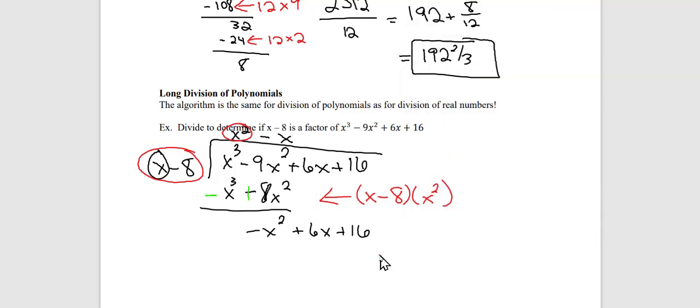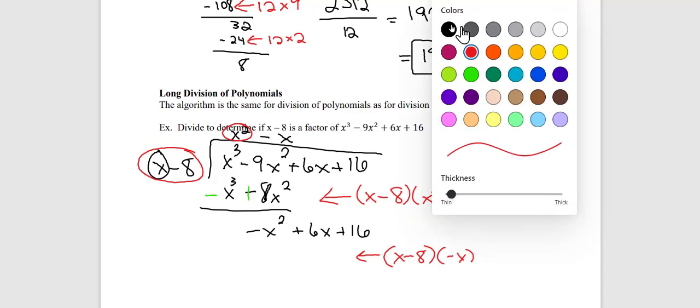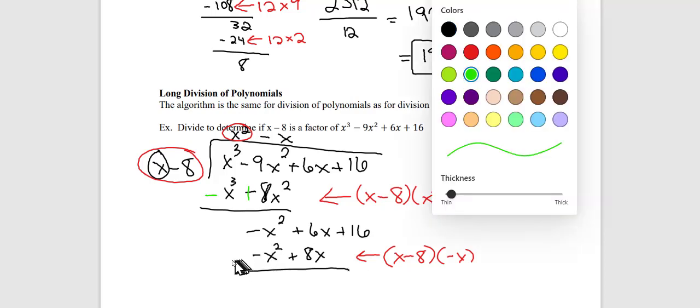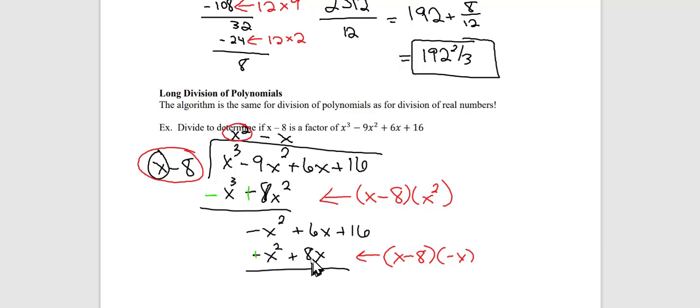In this spot, I am going to write the x minus 8 times that negative x, which gives me negative x squared plus 8x. And just like before, I subtract that whole thing, which changes all of my signs.